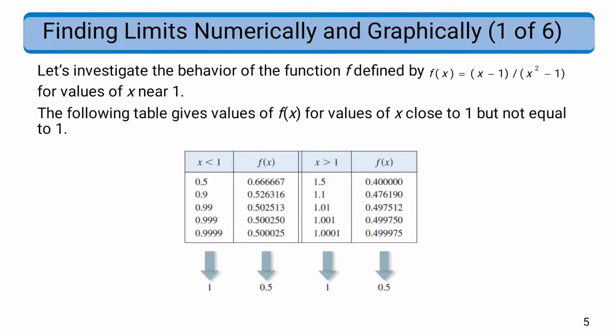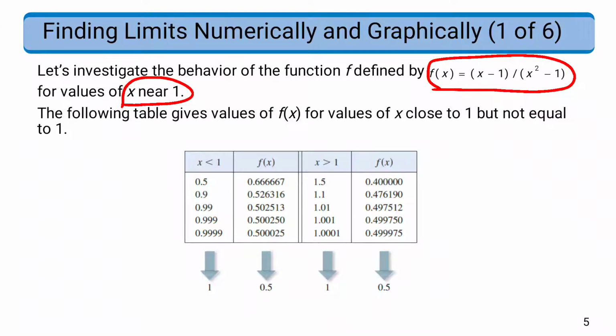So let's start with the numerical approach, where we start with a table. Suppose someone is giving you a function of this form, and you are asked to study the behavior of the function around a point. In this case, we are looking at the point x equals 1.